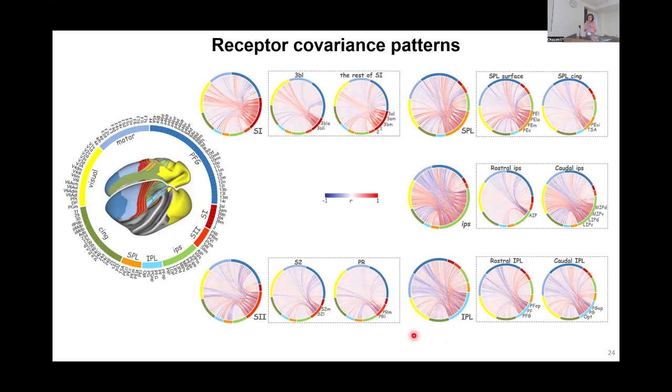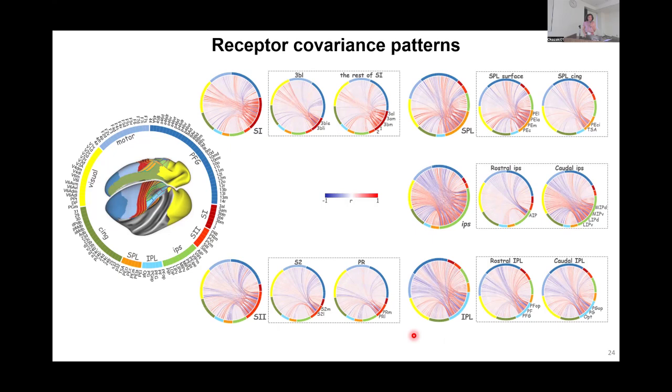What Meiji also found was that areas belonging to the same system can be separated by their receptor covariance patterns, okay? And this is also important. I mean, we find significant differences in receptors. This must mean something, right?